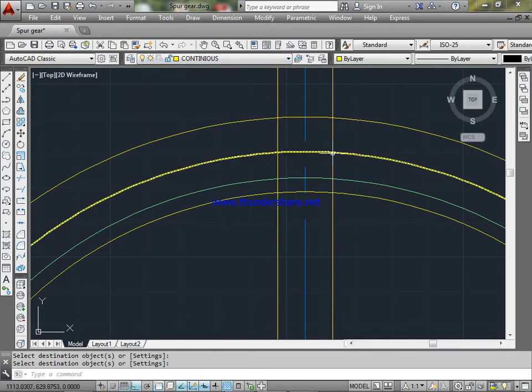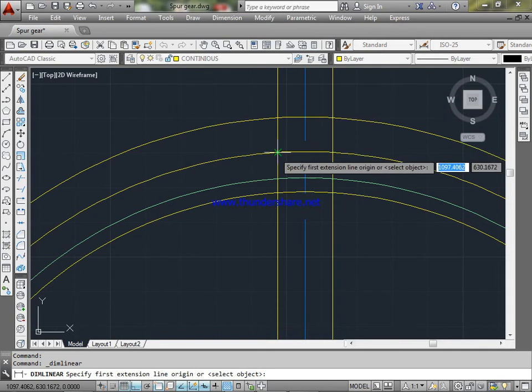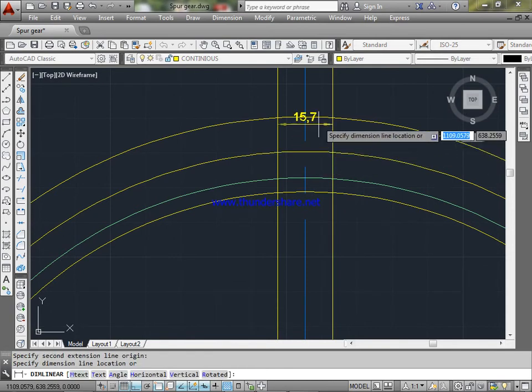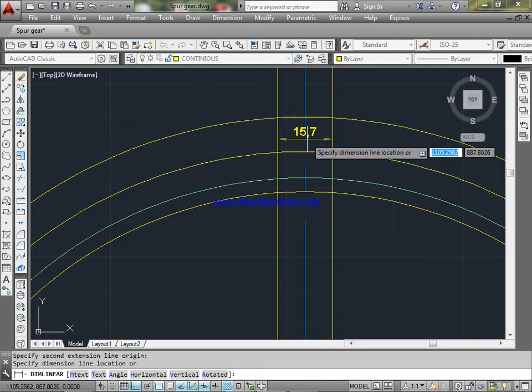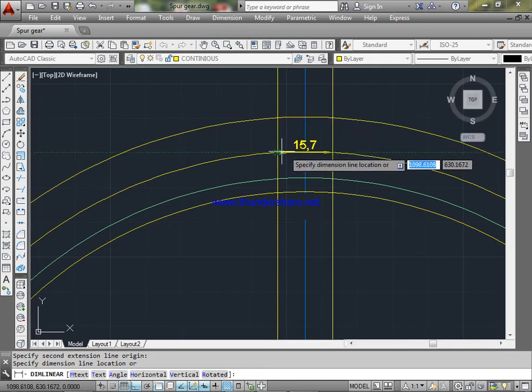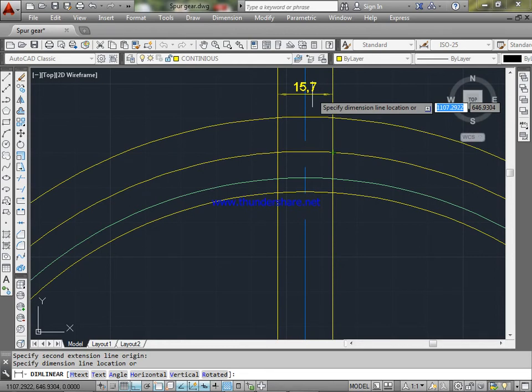The tooth thickness is 15.71, taken as the tooth thickness over the pitch circle.